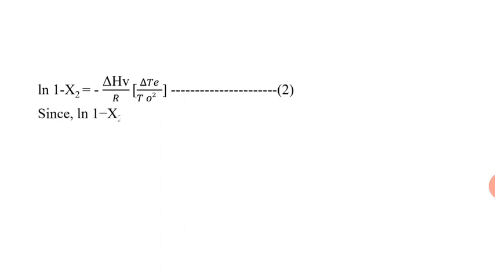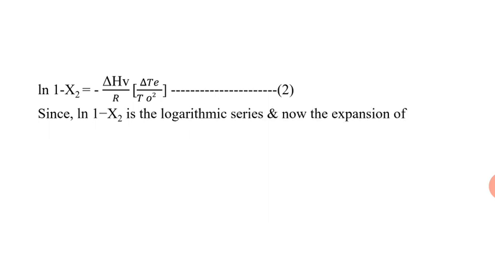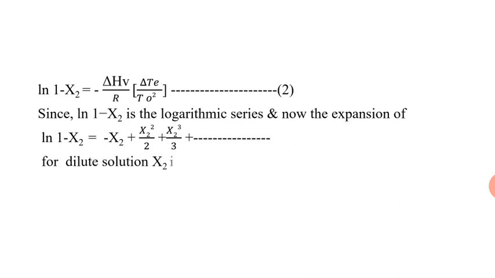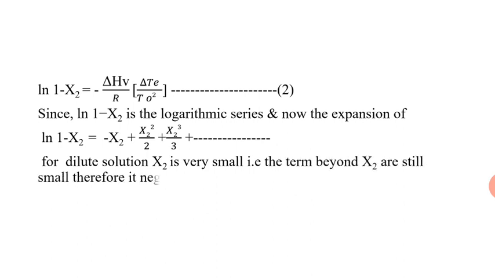Now ln(1 minus x2) is a logarithmic series, and its expansion gives minus x2 plus x2 square upon 2 plus x2 cube by 3 plus and so on. For a dilute solution x2 is very small, so the terms beyond x2 are still smaller and are neglected. ln(1 minus x2) is equal to minus x2. This is our equation number 3.